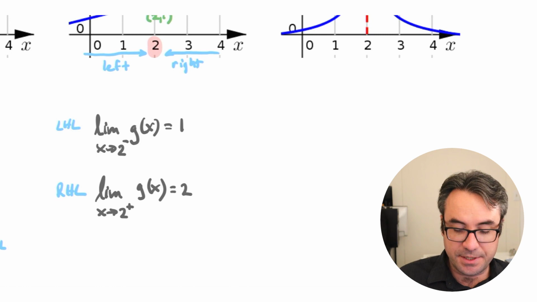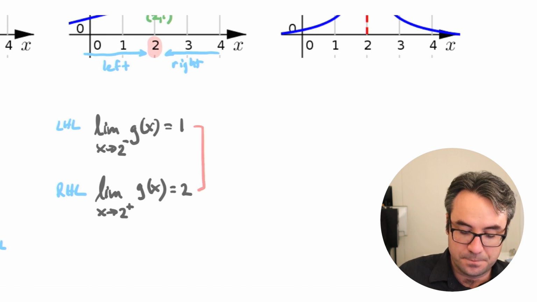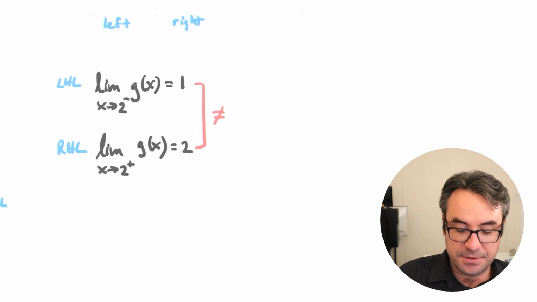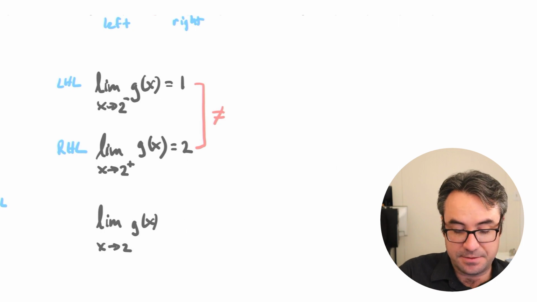All right, so what do we see? If we compare these two results, they're different. They are not equal to each other. So what does that mean? That means the overall limit as x approaches 2 in general just does not exist. It doesn't equal anything.